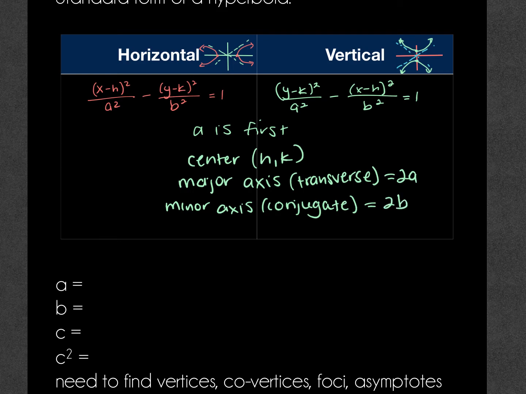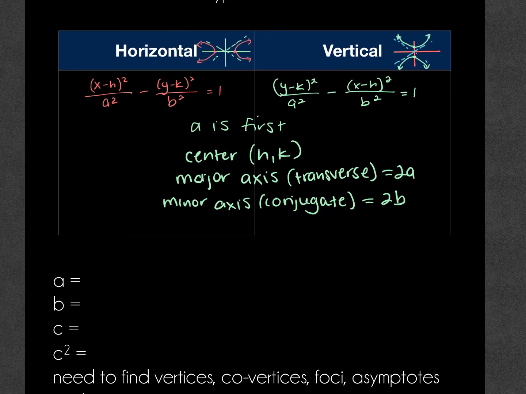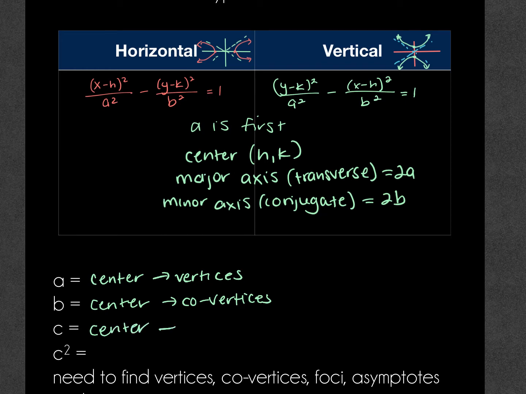So that's the same as your ellipses. a is the same, center to vertex or vertices because there's two of them. b, center to co-vertices. c, center to foci. And c squared equals a squared plus b squared with a hyperbola.